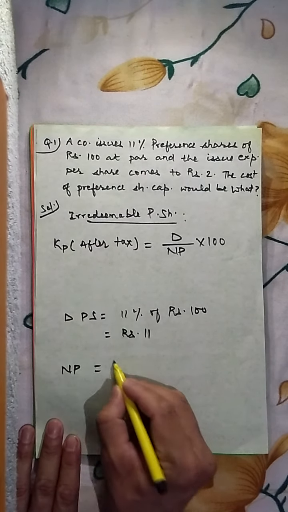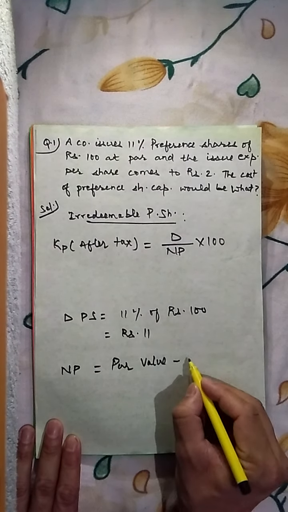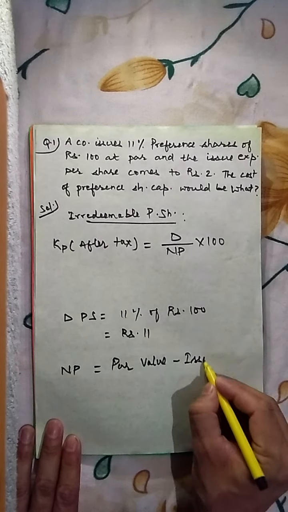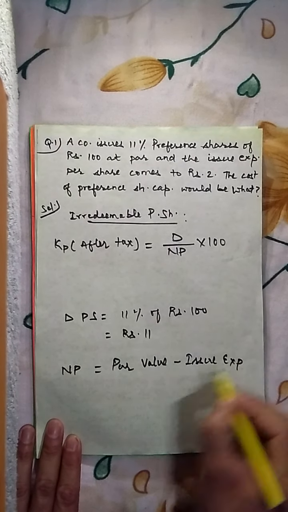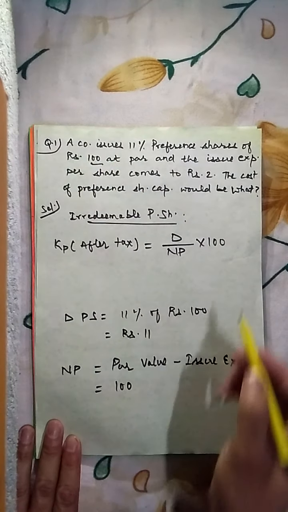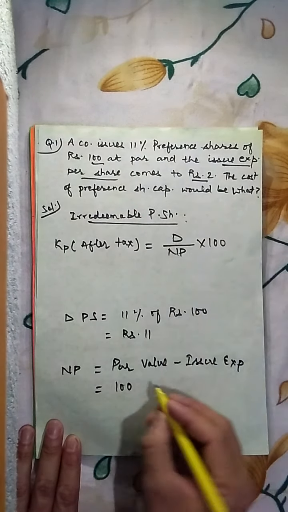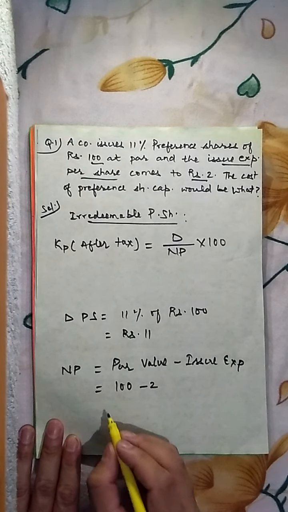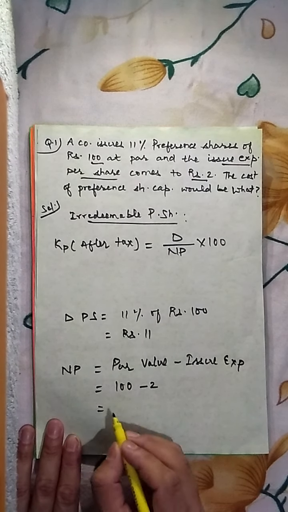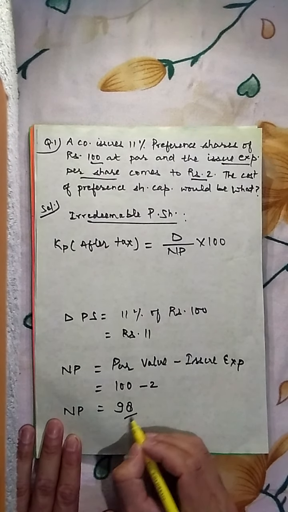In case of net proceeds, we know that net proceeds equals par value minus issue expenses or flotation cost, and we know that the par value given to us is ₹100, and issue expenses given in the question per share are ₹2. So issue expenses are ₹2, which will be deducted from ₹100, and then we get net proceeds equal to 98.